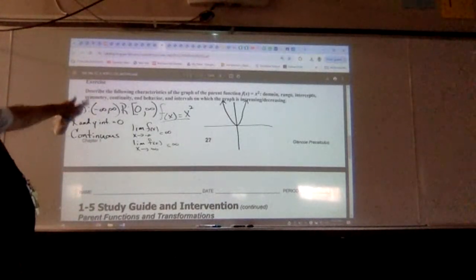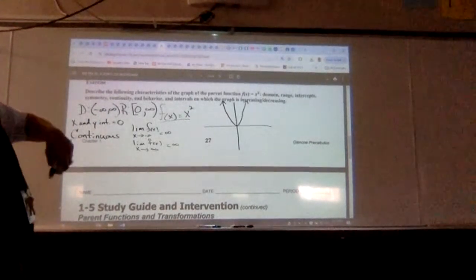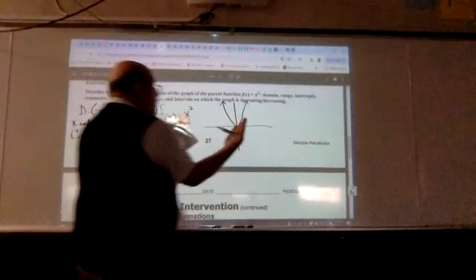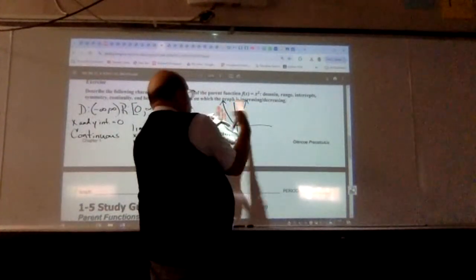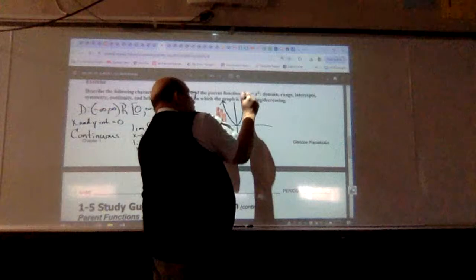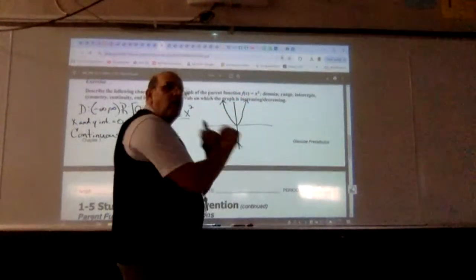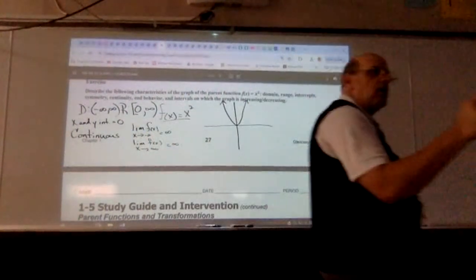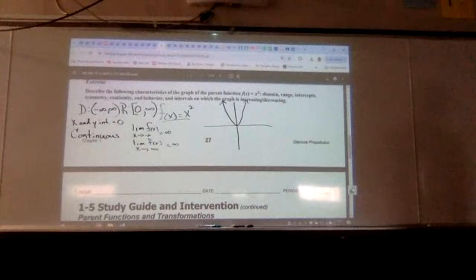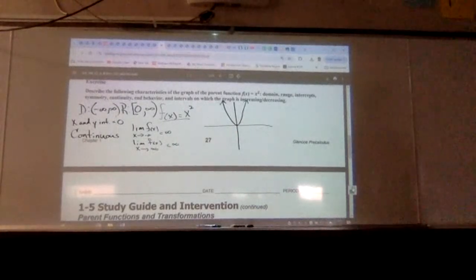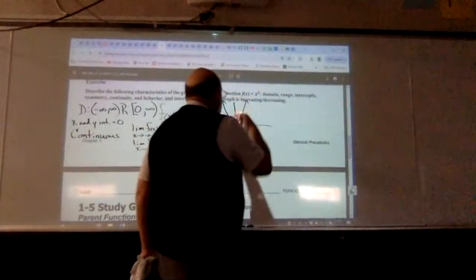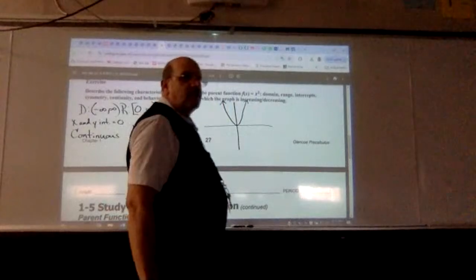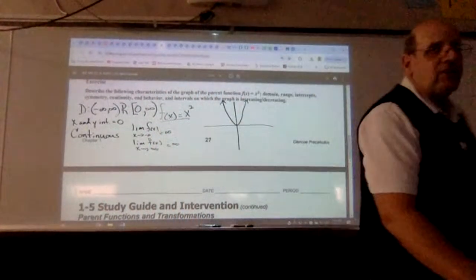I missed symmetry. If I fold this side over, will it be right on top of the other? Yeah. So it's symmetric about the y-axis. If I make the y-axis the center and fold it over, it's symmetric about the y-axis.